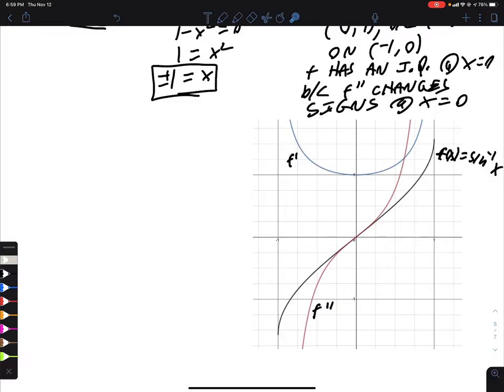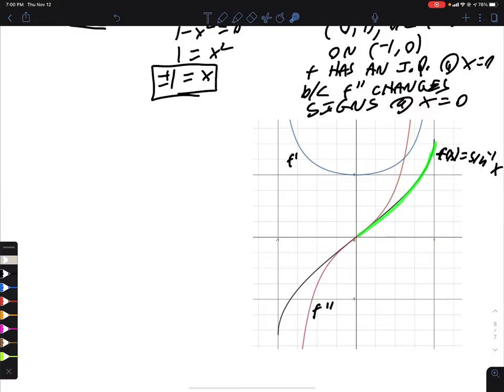All right, let's look at f double prime. In this region from here to here, f double prime is negative. If f double prime is negative, then the function must be concave down, and it is. Look, that's concave down. See? And the red graph from here to here is positive, so f double prime is positive, meaning f is concave up. And it is.